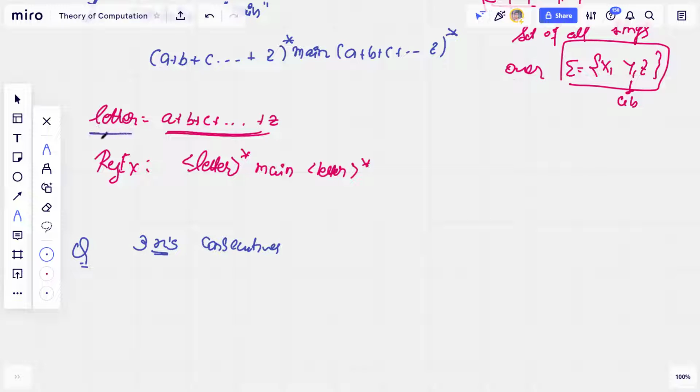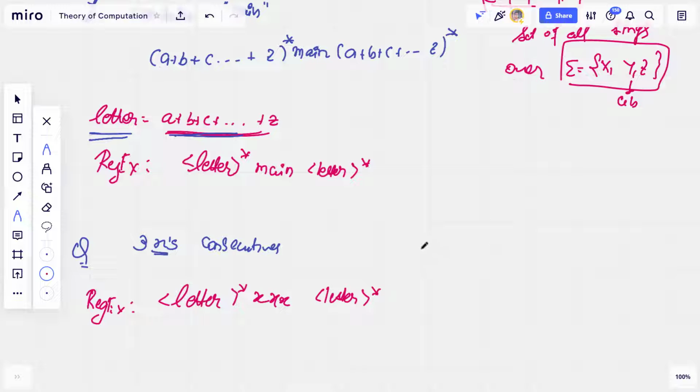See, letter is a variable which contains a plus b plus c, so it can be any letter. The regular expression will look something like this: any number of letters in the beginning, then x, x, x, and then any number of letters after it.